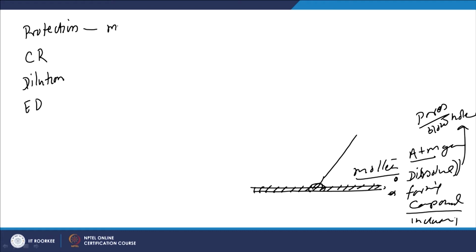Protection of the molten metal is needed to reduce the formation of inclusions, pores, and other discontinuities which are formed due to the interaction of the molten metal with the atmospheric gases.